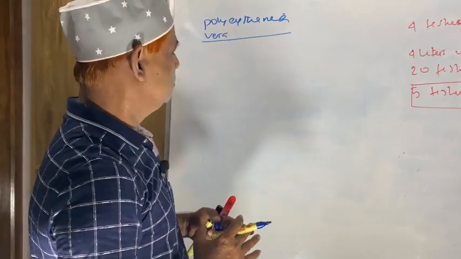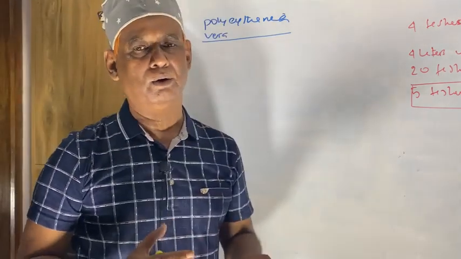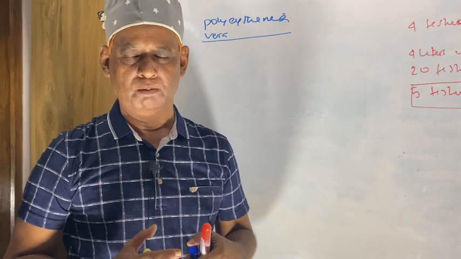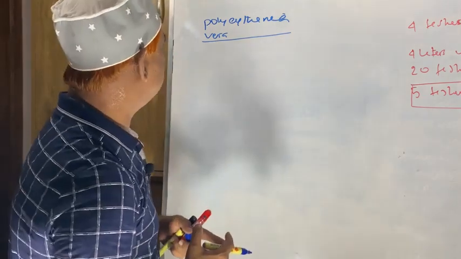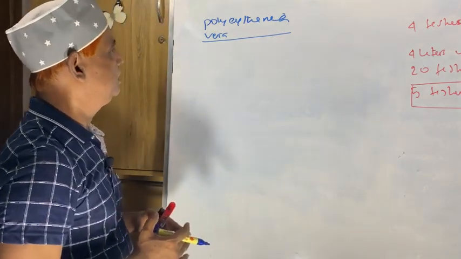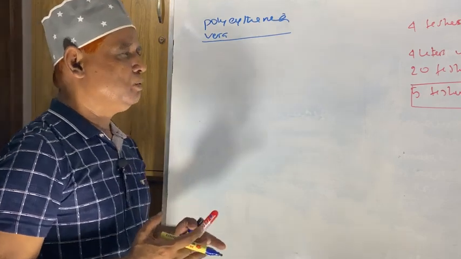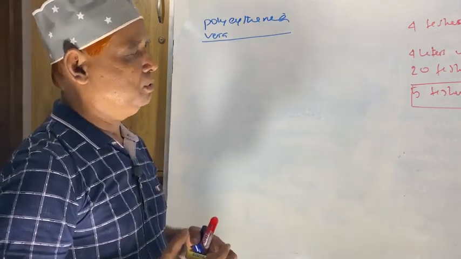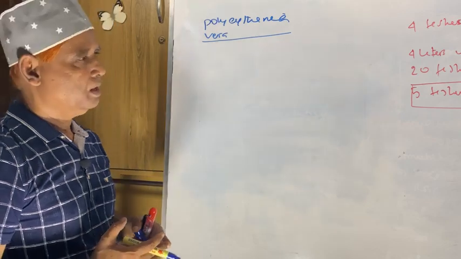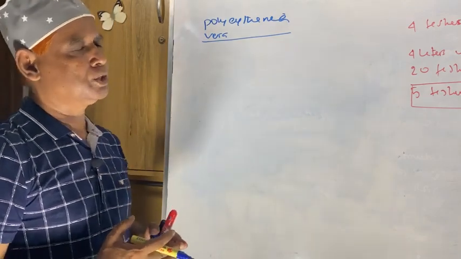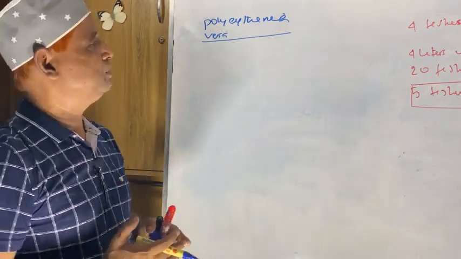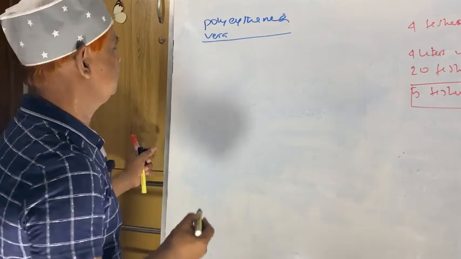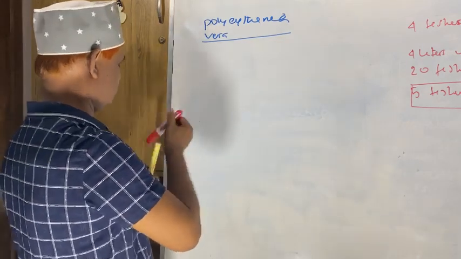The cause is not known and there is uncontrolled proliferation of progenitor cells. If anybody suffers from polycythemia vera, in blood we will get increased number of RBC, WBC and platelet. And what may be the presentations of the patient suffering from polycythemia vera? Clinical presentations.